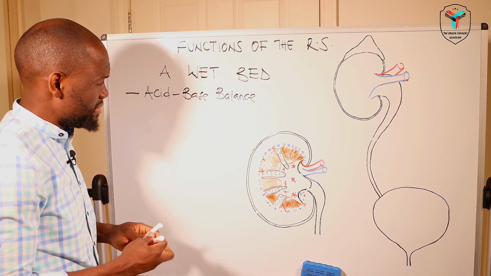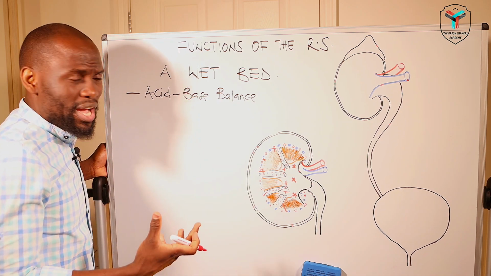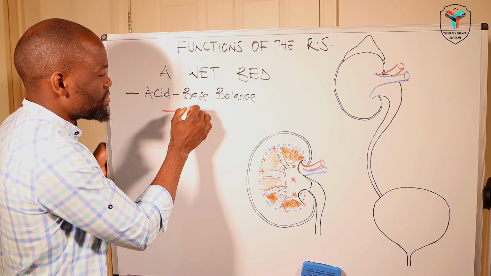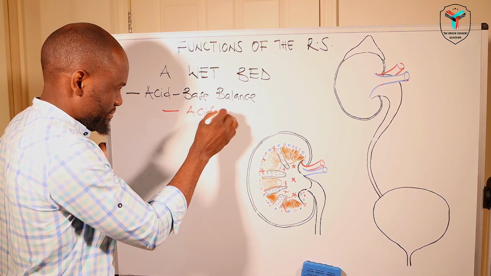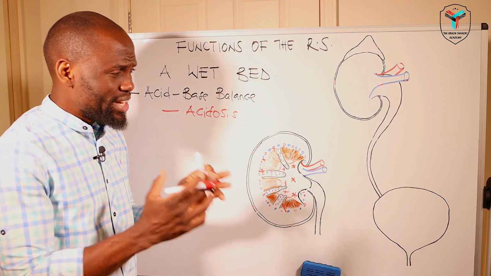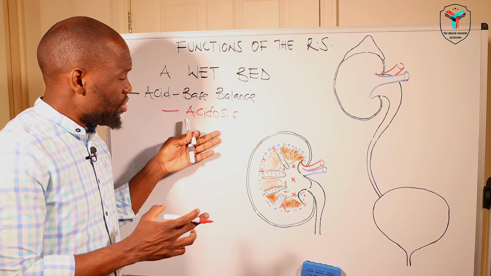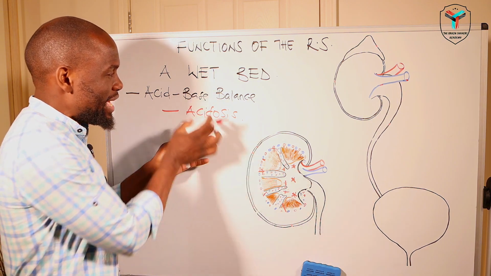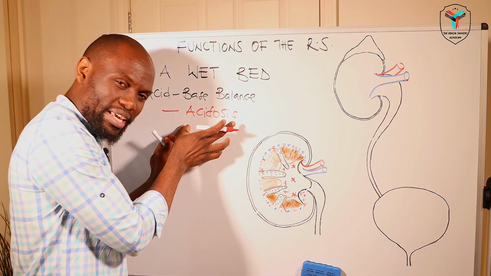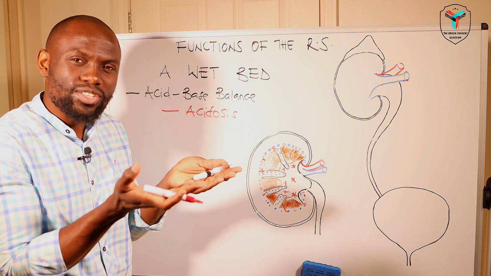The amount of acid within the body has to be regulated so that you don't go into a case which we call acidosis. The body is consistently producing hydrogen ions, and if they are too much, they'll take you into a state of acidosis. So you need a base, which is hydroxy ions, to come in and neutralize these acids so that you are at least in a state of balance.